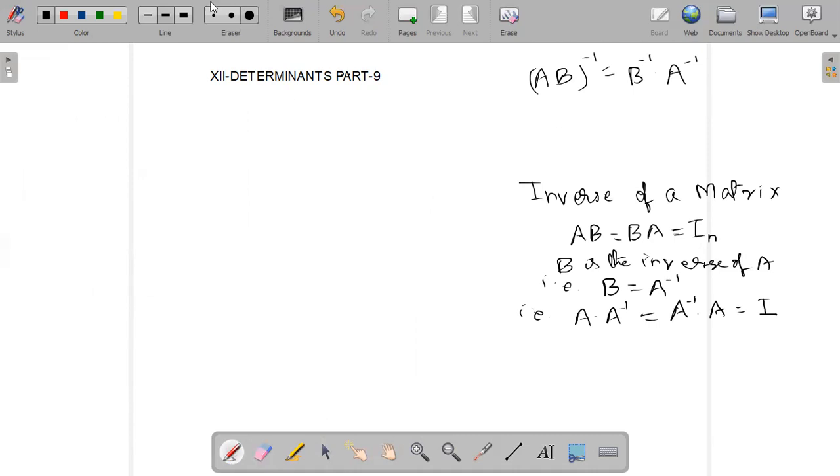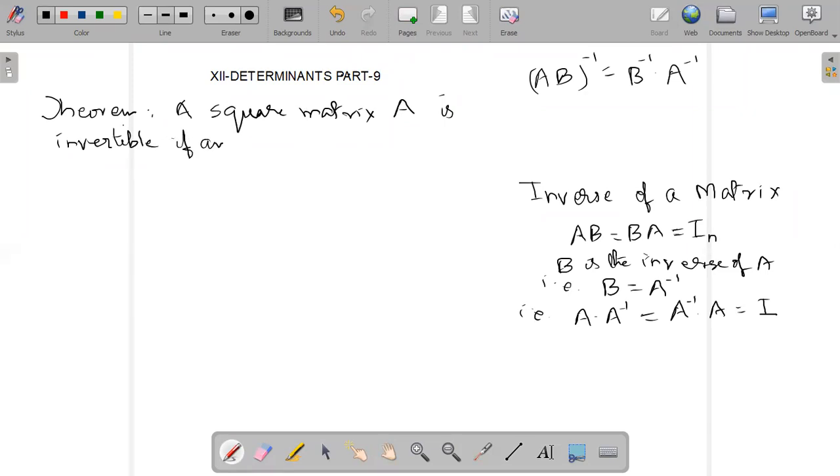A square matrix A is invertible, means inverse exists, if and only if A is non-singular.